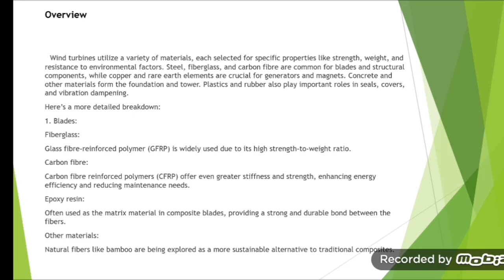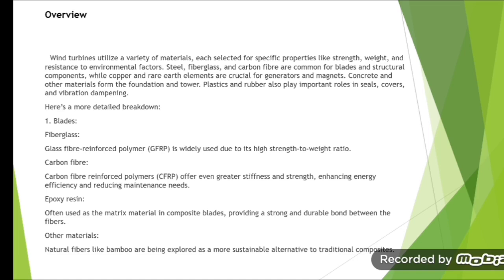Here's a more detailed breakdown of where the different materials are used in components of the wind turbines. The first component is the blade of the wind turbine, where fiberglass, carbon fiber, epoxy resins, and other materials are used. We will see them one by one.